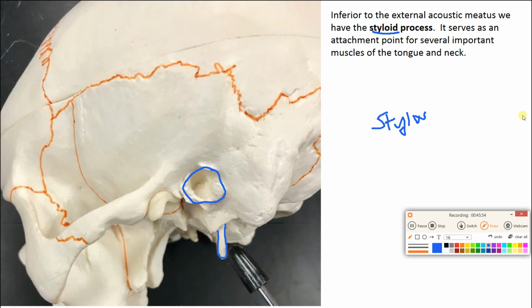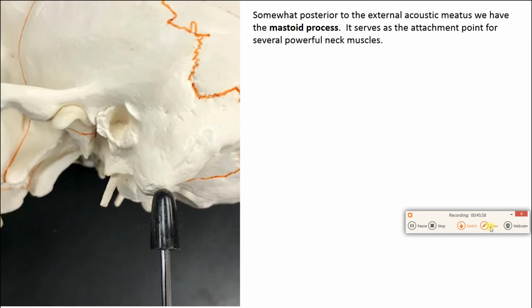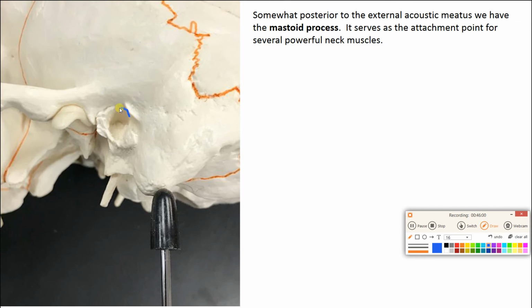Okay, let's find some more temporal bone stuff. All right, let's orient. There's our ear hole. Straight down from our ear hole, we had our styloid process. If we go a little bit to the back, there is a pretty big bump called the mastoid process. If you go behind your earlobe, you can find this bump. You can feel it.